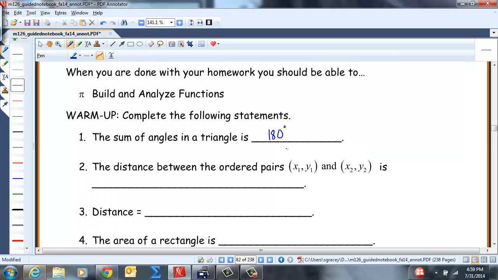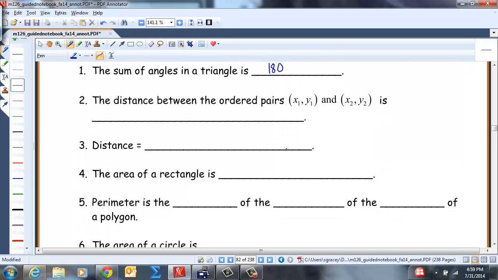The distance between the ordered pairs x1, y1, and x2, y2 is d equals the square root of x2 minus x1 quantity squared plus y2 minus y1 the quantity squared. And then in general, we can answer the next one as this distance is equal to the change in x squared plus the change in y squared.